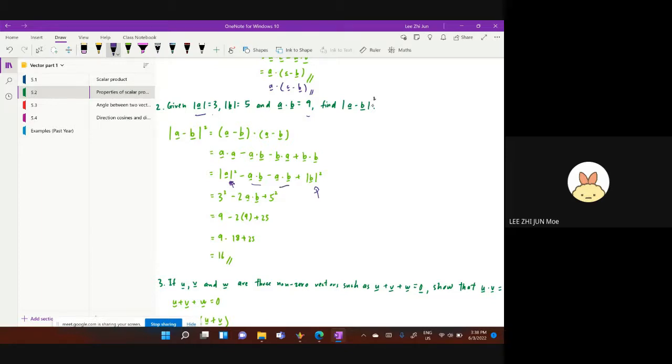So square it, A and B, and factorize: A squared minus 2 A dot B plus B squared. So A is 3 squared, B is 5 squared, and the dot product is 9. So 9 minus 18 plus 25, which will be 16.